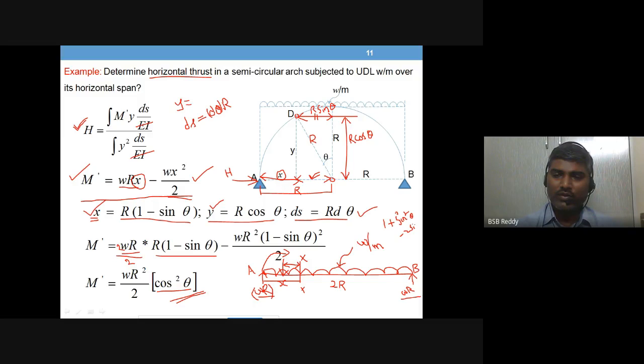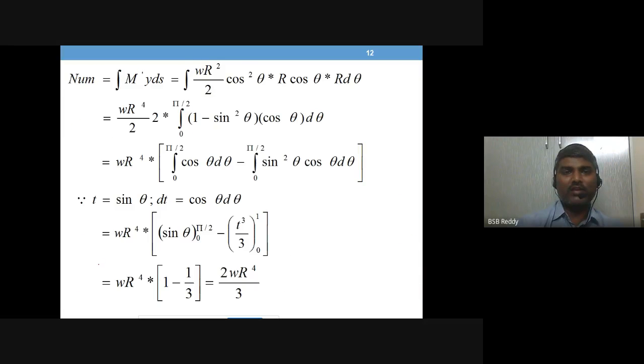That is what you have when you expand this one. So this is how you will end up with m dash value wr square by 2 into cos square theta. You need to go for a little simplification from this step to arrive at this step. Right, what next? Let's see.